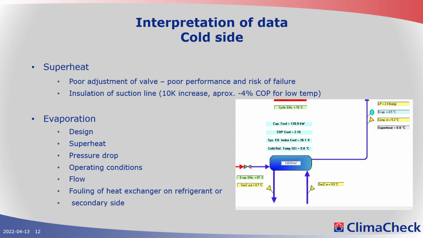So you can always correlate it to good practice. But of course you don't know if somebody bought a cheap evaporator or if it was a good evaporator that has deteriorated. So to have design data is always very helpful to be able to be very specific when you do the evaluation.